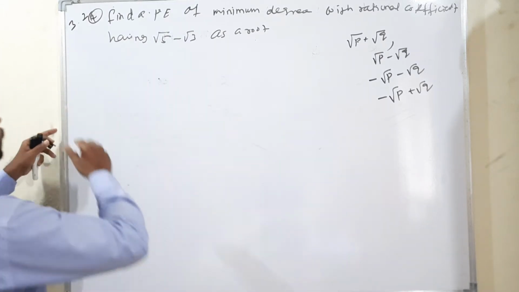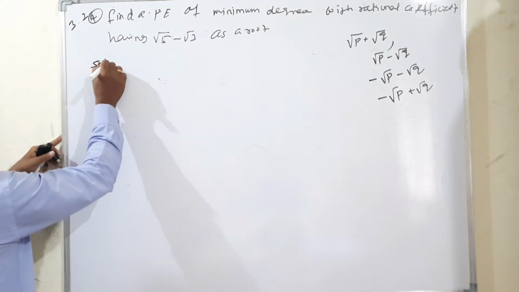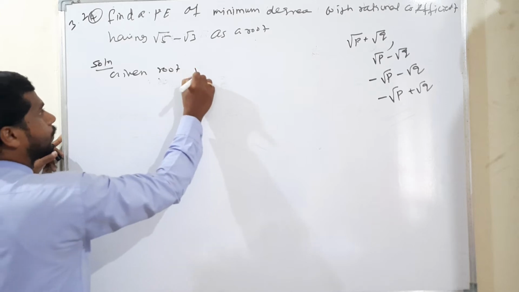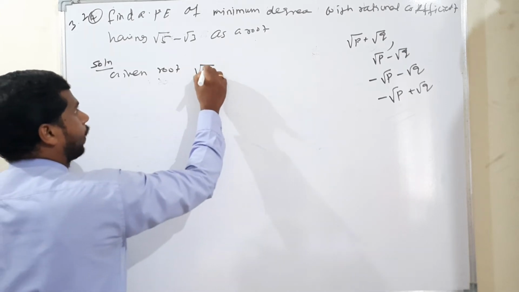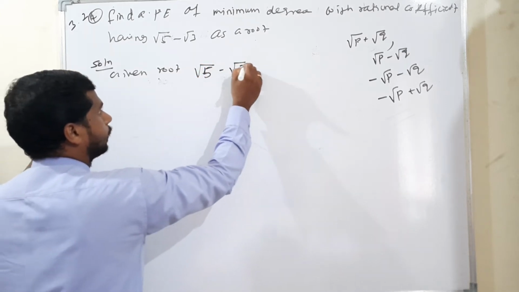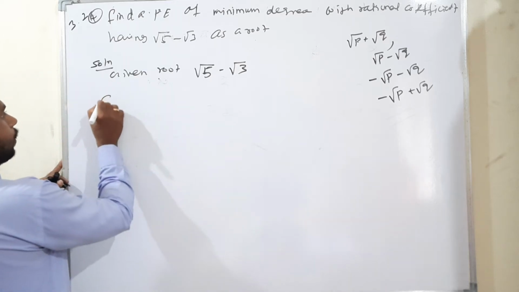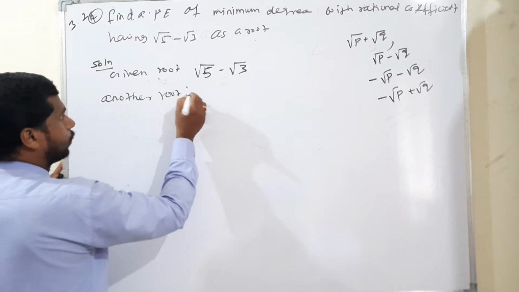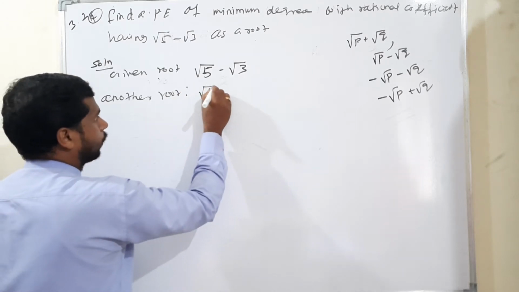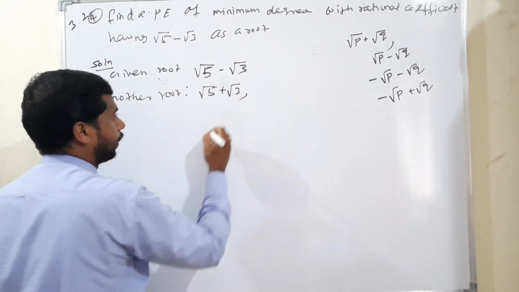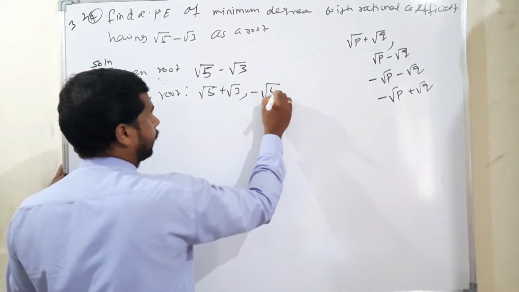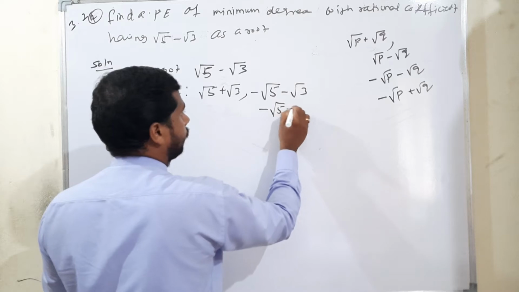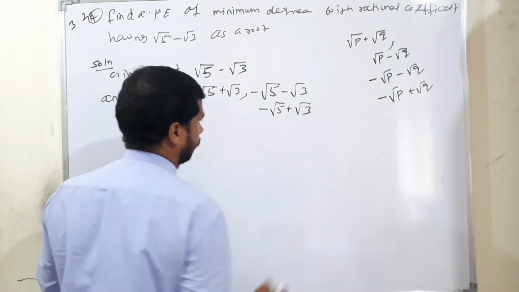They are the given roots. So solution: given root 5 minus root 3. So the other roots: first root 5 plus root 3, then with both signs negative, negative root 5 minus root 3, then negative root 5 plus root 3.